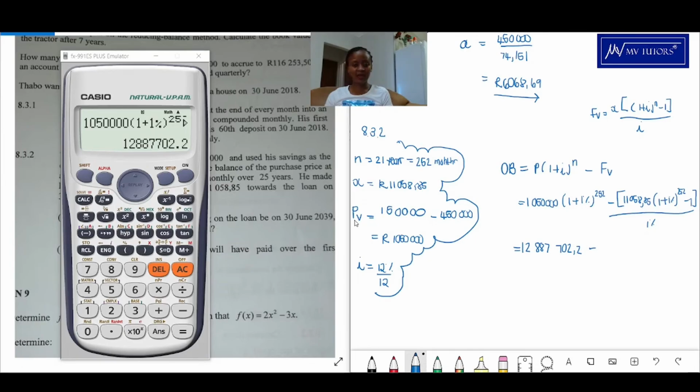And then we have that future value amount, so it is 11,058.85, and I have 1 plus 1% to the power 252 minus 1, and then we have 1%.